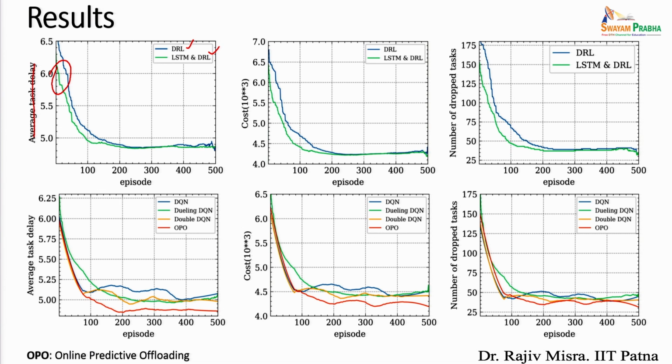Here it comes out to be 6.5 and here it is 6. So, a good amount of reduction is there if you compare the DRL with LSTM, that is, the use of LSTM, the online predictive algorithm.